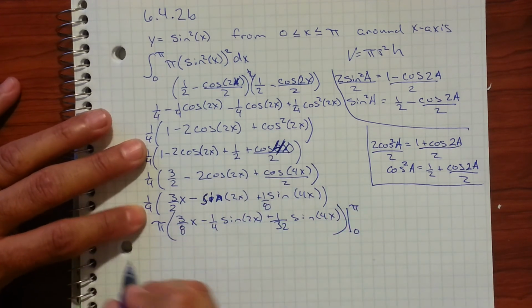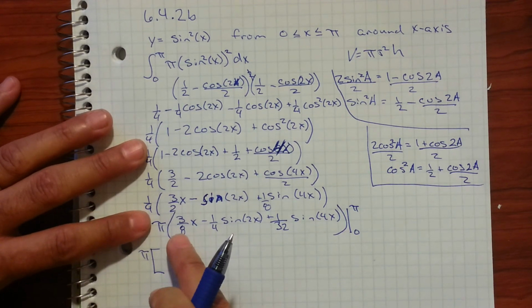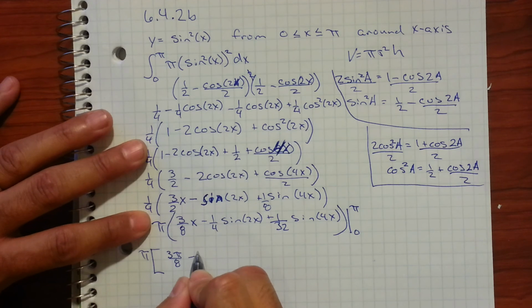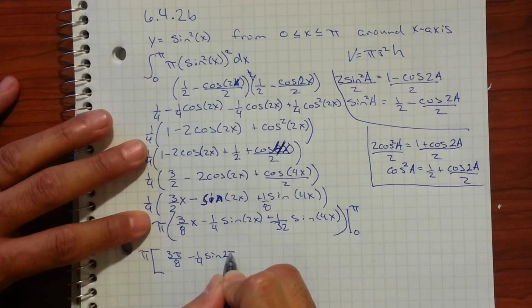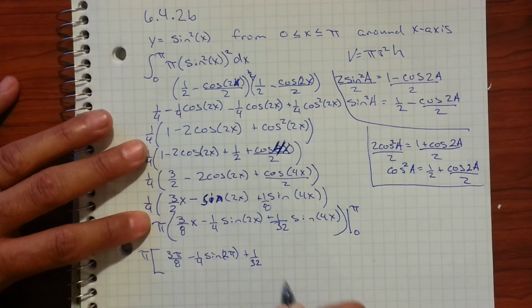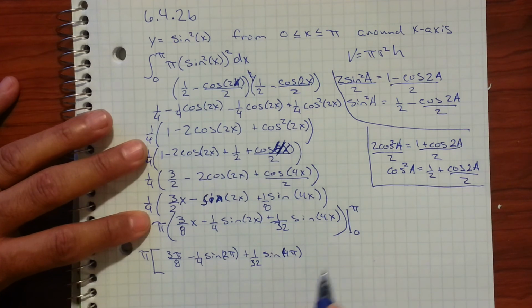So if I'm plugging in pi, this is going to be 3 pi over 8 minus 1/4 sine of 2 pi plus 1/32 sine of 4 pi.